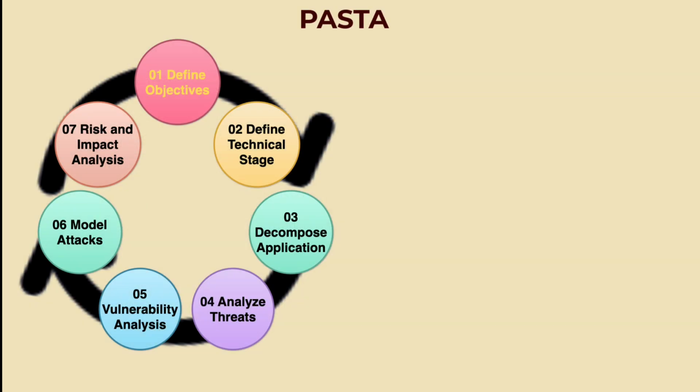Process for Attack Simulation and Threat Analysis, PASTA. PASTA is a risk-based methodology that provides a comprehensive approach to threat modeling, focusing on the business impact of potential attacks. Spanning 7 distinct stages, PASTA starts by defining objectives and understanding the application's context, then systematically identifies threats, maps application architecture, and uncovers vulnerabilities.